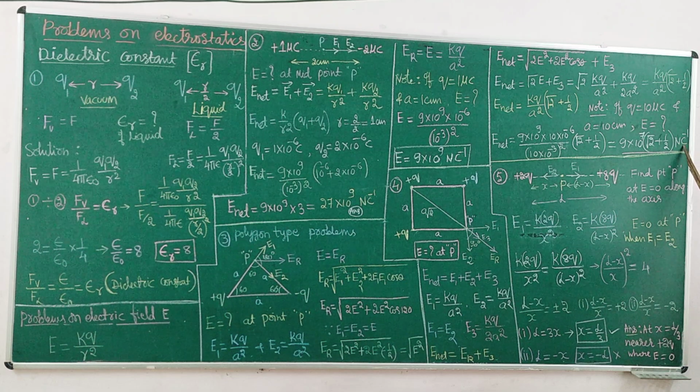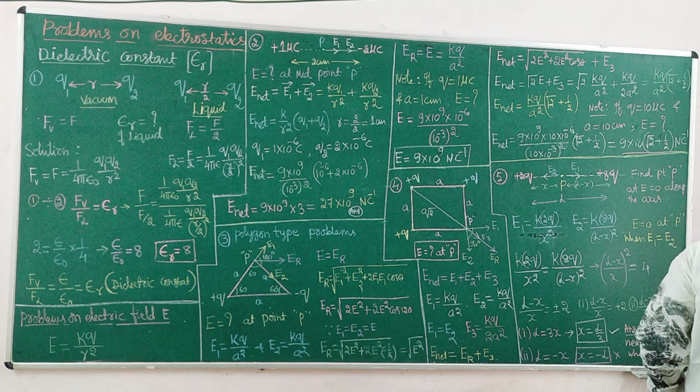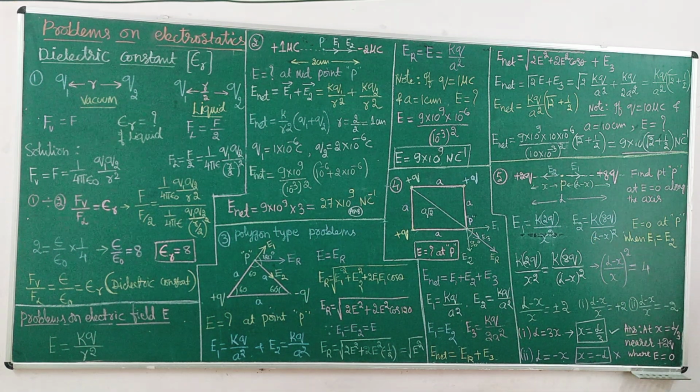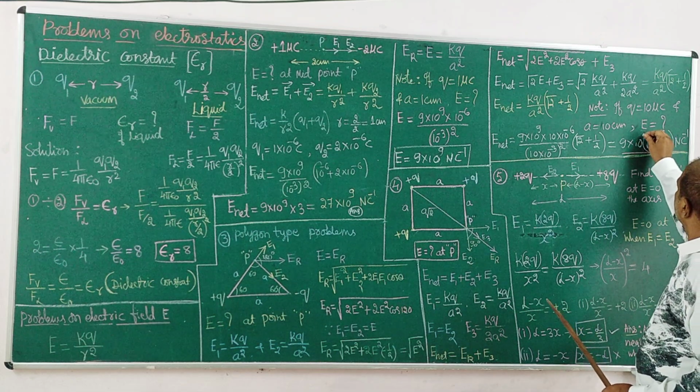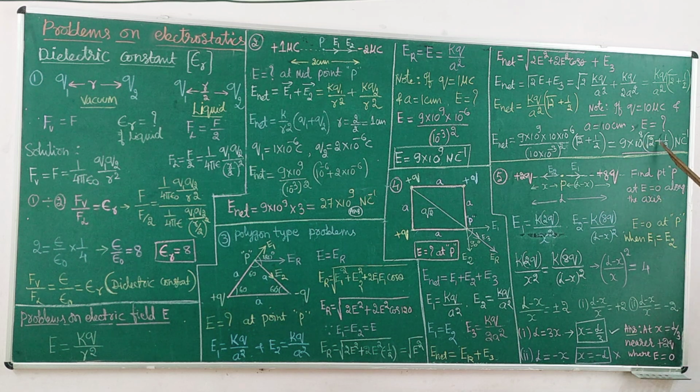So please check it. 10 into 10 to the power of minus 6, 10 square remains, 10 by 10 square is 10, so 10 to the power of 8 you get, into root 2 plus 1 by 2.